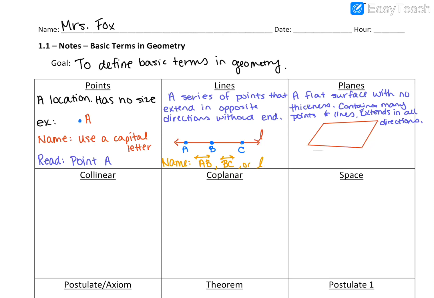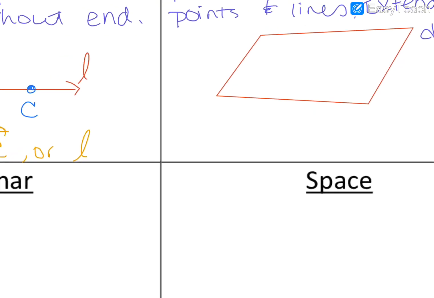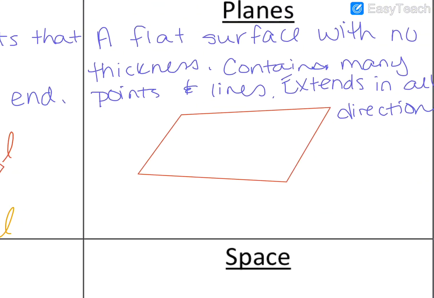Okay, so then within this plane, let me see if I can make it a little bit easier. So within this plane, we can have a line. So there's a line. We can also have points. Maybe there's a point on this line and there.